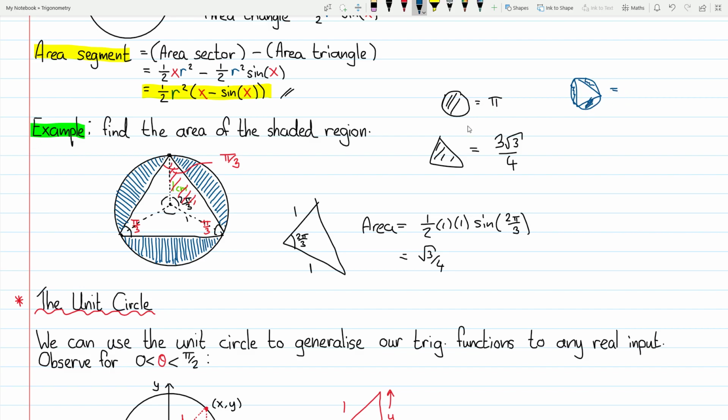The area is going to be the whole area, pi r squared, subtract our area of the triangle, which is 3 times the square root of 3 divided by 4, and that's our answer. This is units squared.